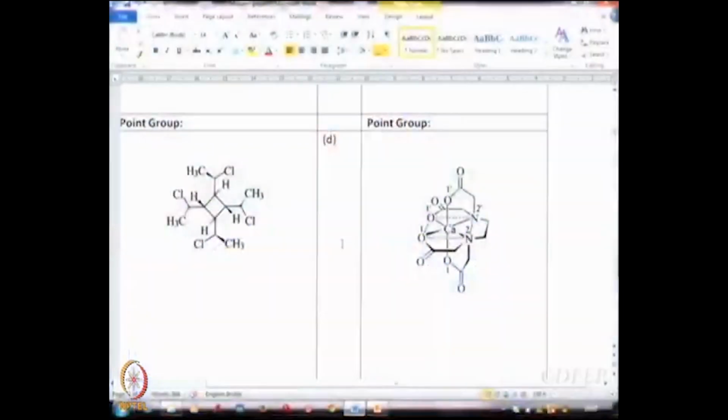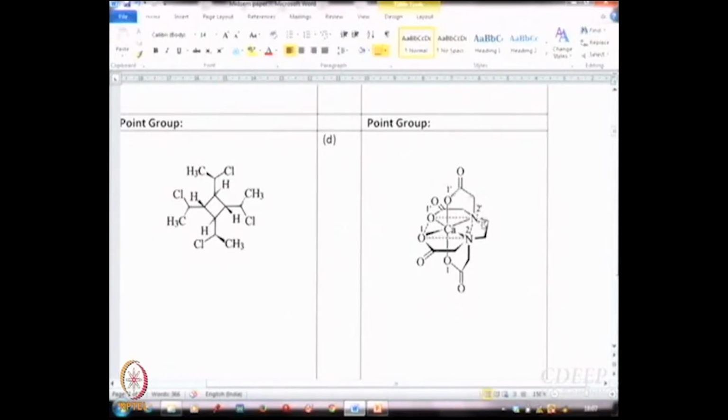Sigma h is not there. What about sigma v? This ONNO containing calcium, the equatorial plane, is that a sigma plane? Is that a plane of symmetry? No, right?